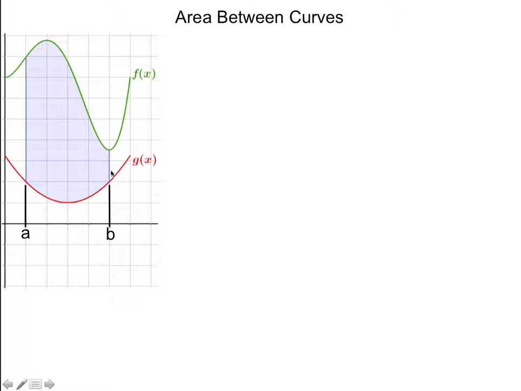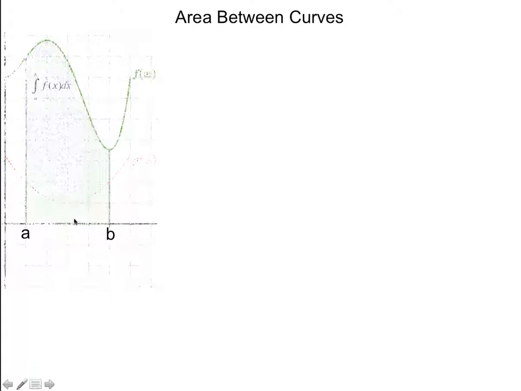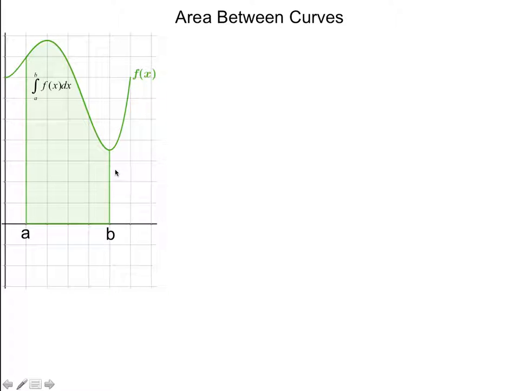So for instance, this blue region here, if we want to find the area of that, a physical quantity of that blue region would be its area. If we go back to the definition of the definite integral for f of x, we know it's the value of the region between the function and the horizontal axis.